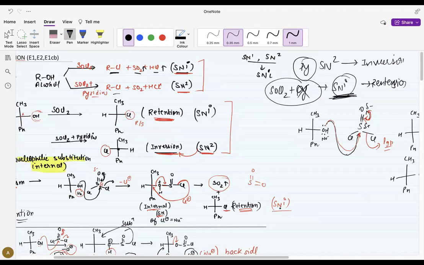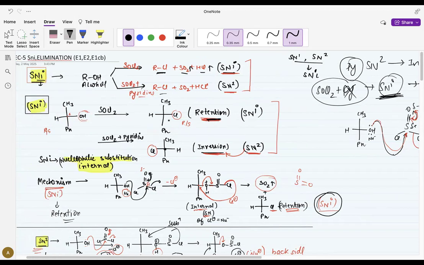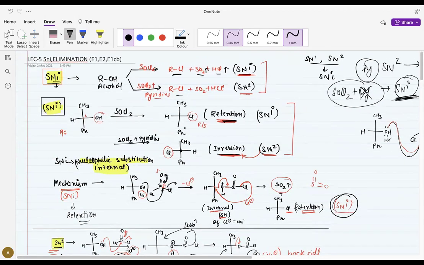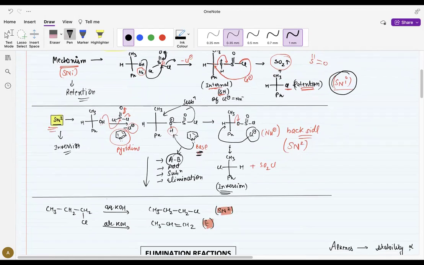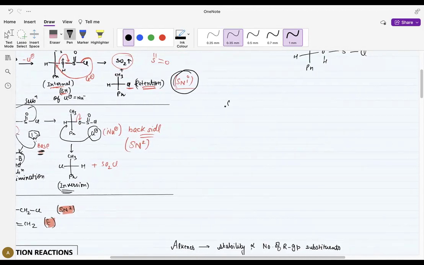So SNi मैकेनिज्म में रिटेंशन होता है, सेम से सेम, RS will be same, बट SN2 में इन्वर्जन होता है. This you should remember. So summary I am telling you today.